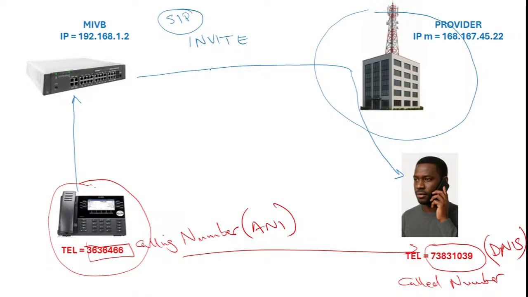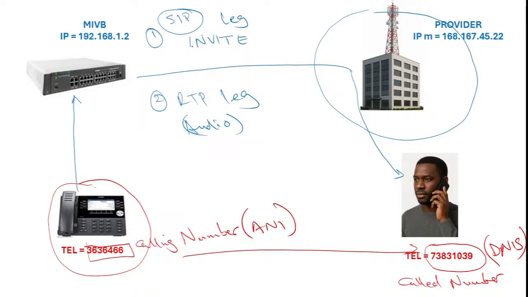So the call is comprised of two things. Number one, a SIP leg, which comprises an invite, and number two, an RTP leg, which carries the audio. The SIP leg is responsible for setting up the call and for tear down.